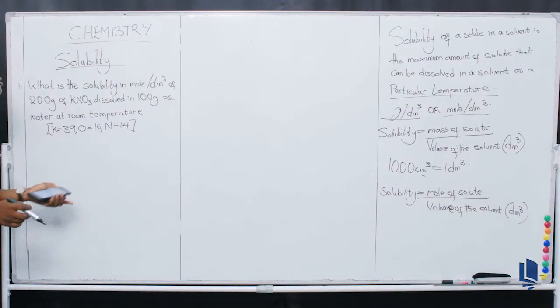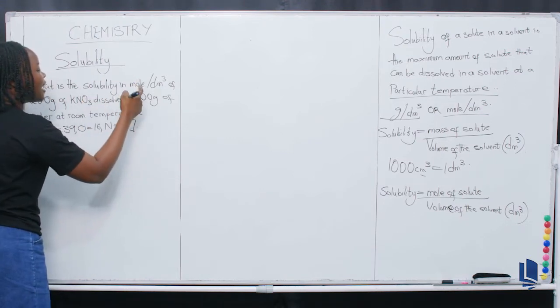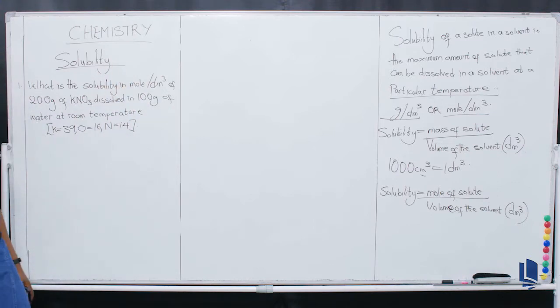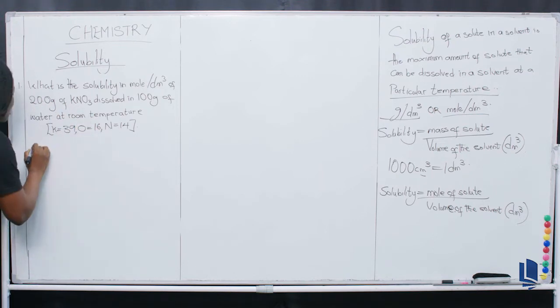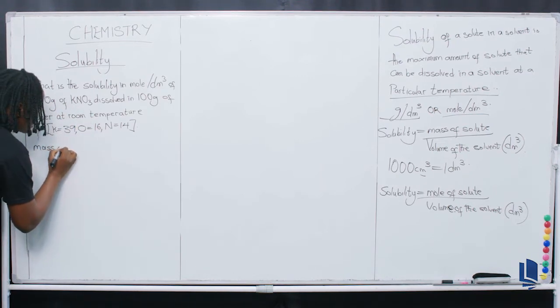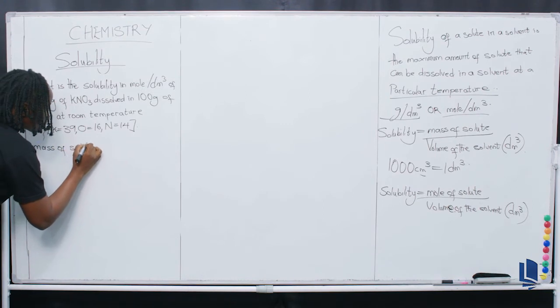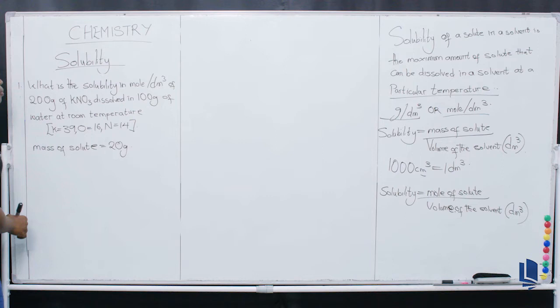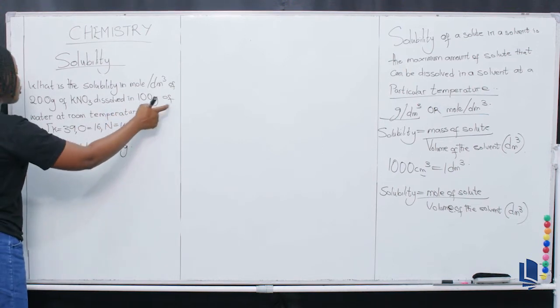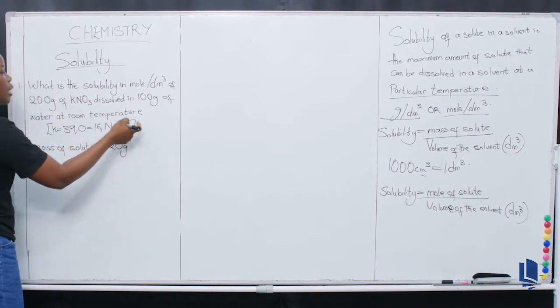Okay, so the first thing to do here is to write out our parameters. What is the solubility in mole per dm cube? So we are going to calculate in mole per dm cube of 20 gram of KNO3. So mass of solute is equal to 20 gram, dissolved in 100 gram of water at room temperature.